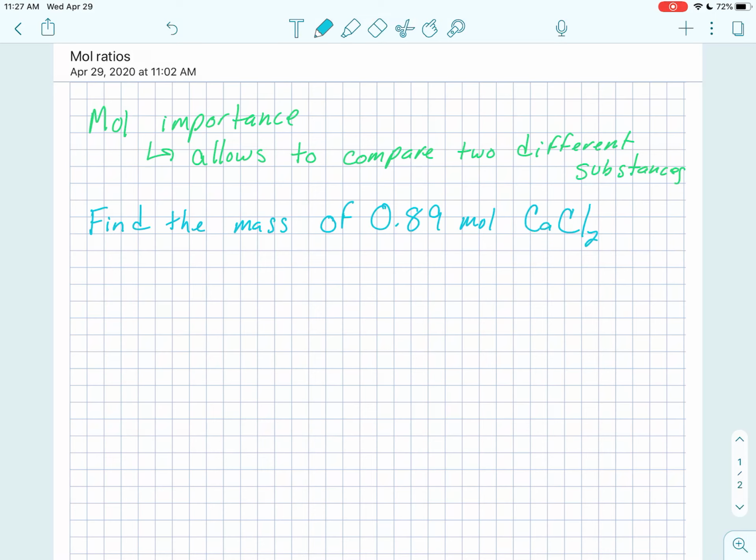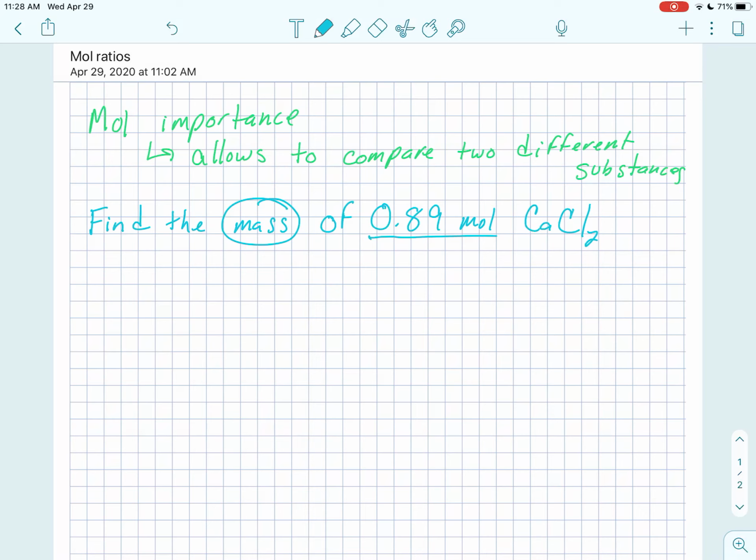And this is important because with my balanced equation, I may know that I need 0.8 moles of calcium chloride for my reaction, but I can't really measure out 0.89 in the lab, but I can measure out grams. So remember what we usually do. Our given goes over 1. So there's our given, and I know that what I'm being asked for is mass.